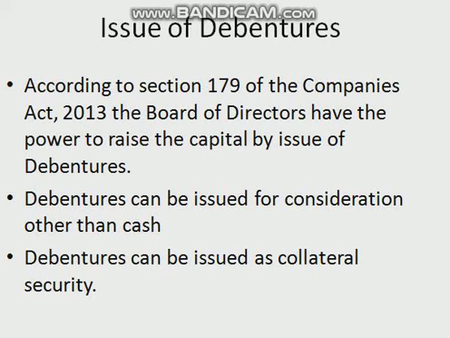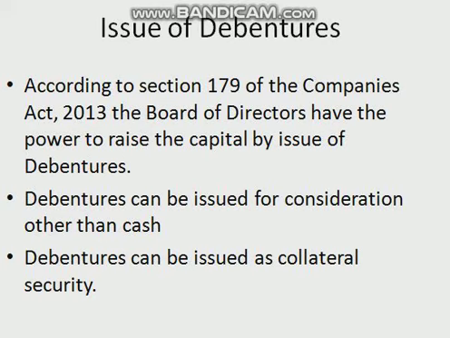Now for issue of debentures to discharge the vendor's balance, the entry will be vendor's account debited to debentures account. The debentures may be issued at par, at premium or at discount. If debentures are issued at premium, then the securities premium account will be credited, and the discount on issue of debentures account will be debited in case it is issued at discount.